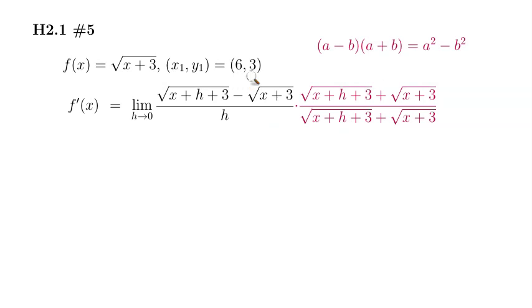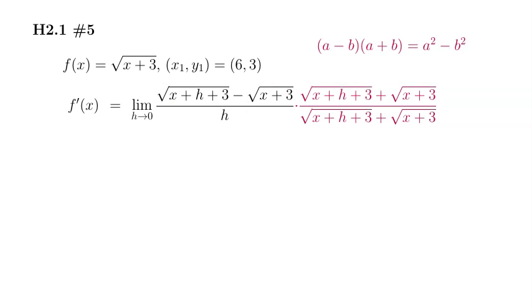If you think of the numerator as a minus b, then we are multiplying by a plus b, which gives you a squared minus b squared. We get to square those terms, which is very convenient when it comes to getting rid of the square root.